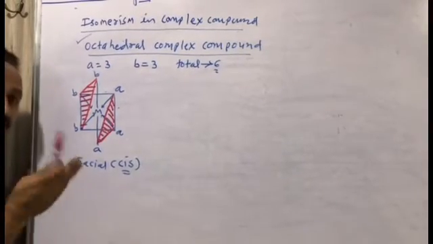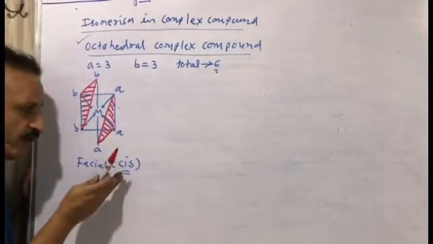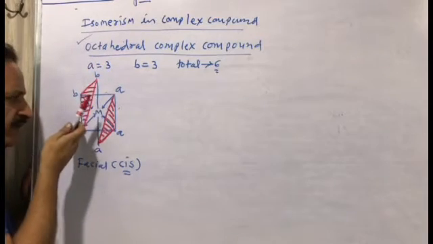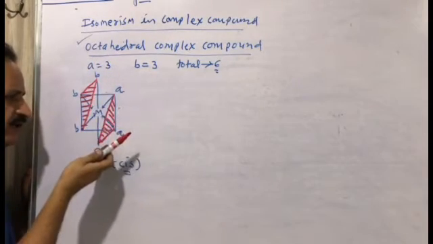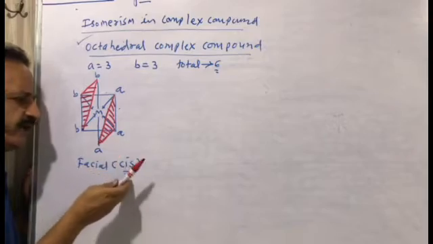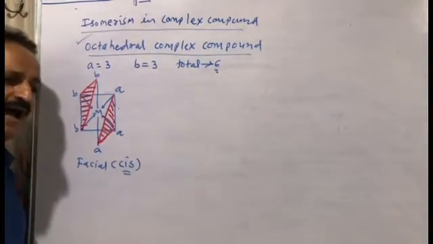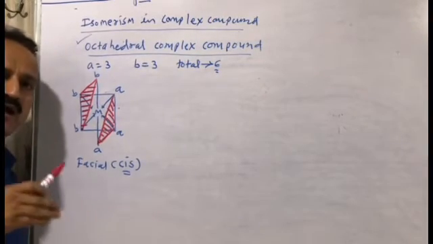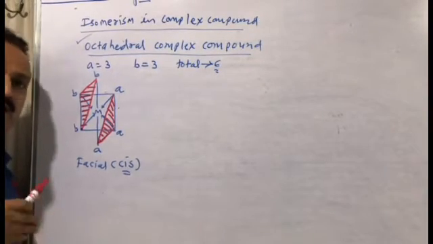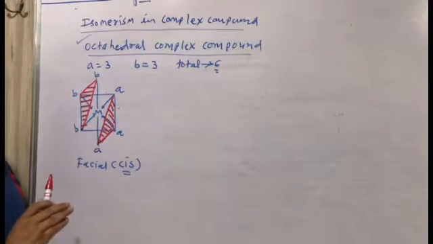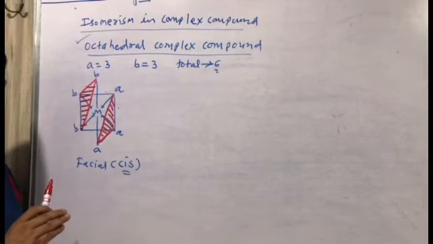This is why it is said cis, because same ligands are very close to each other. A type ligands are 3, B type ligands are 3, so it is said facial and meridional.